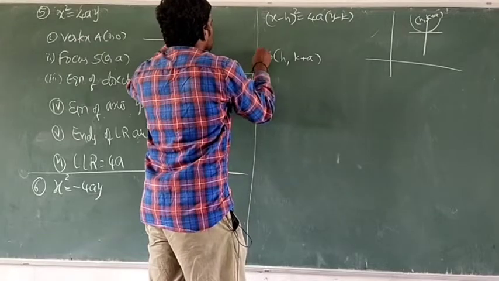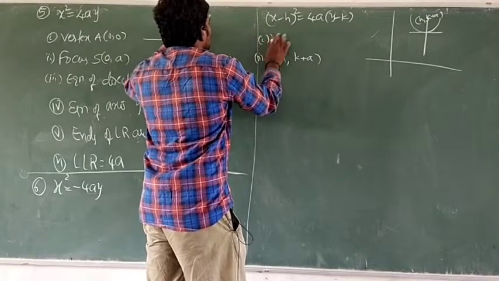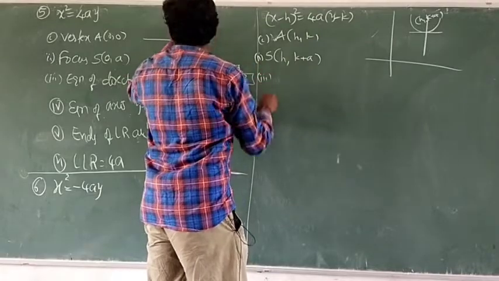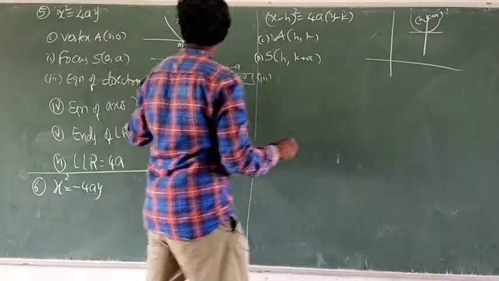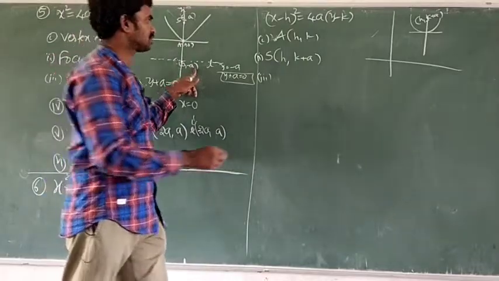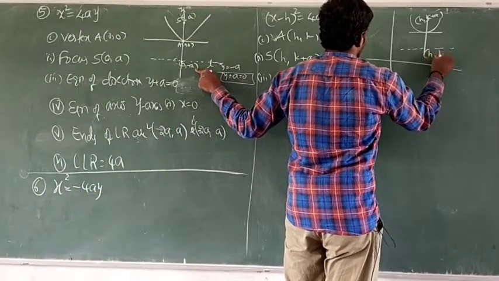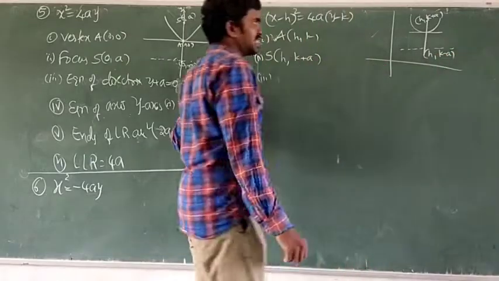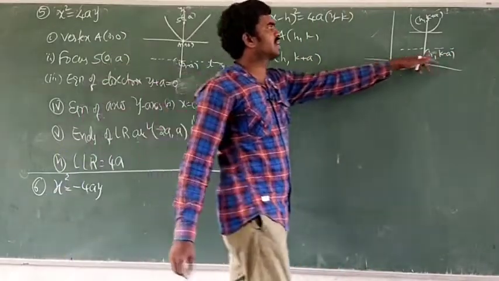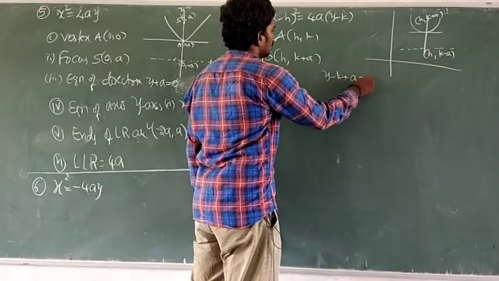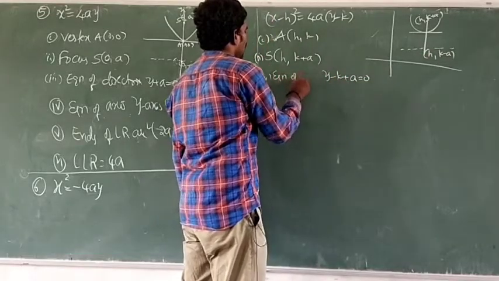First point, vertex h comma k. Third point, equation of directrix: 0 comma minus a becomes h comma k minus a. So y equal to k minus a, meaning y minus k plus a equal to 0. That is the equation of the directrix.